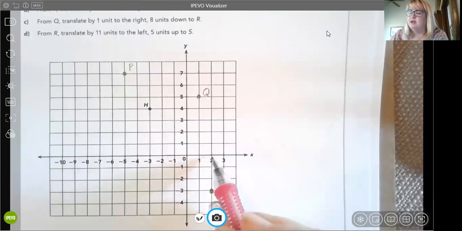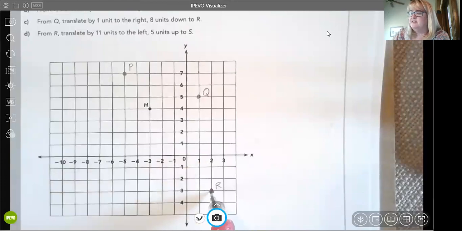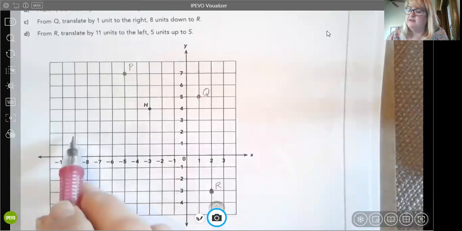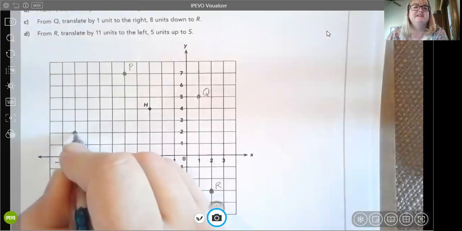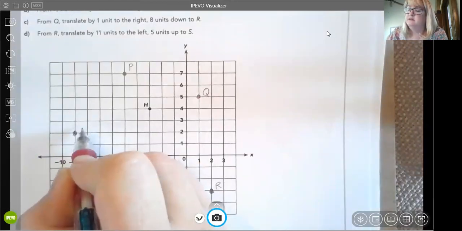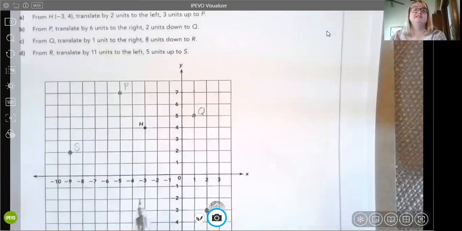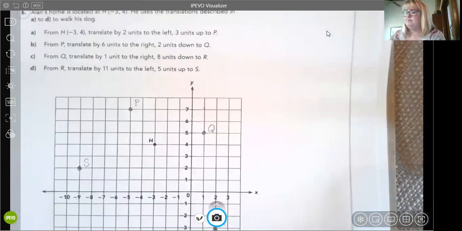I'm going to go 11 to the left. That'd be minus, so I need to go all the way to -9. And then 5 units up. 1, 2, 3, 4, 5. And this is S. All right, so we found each point and we labeled it. That's what it asked us to do.